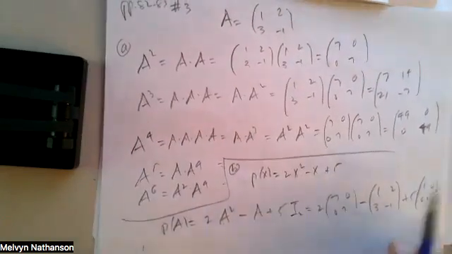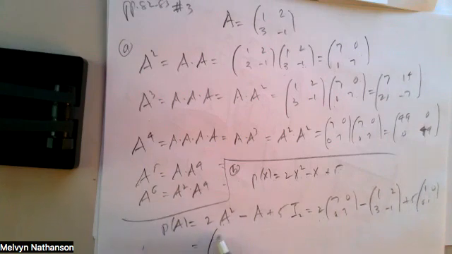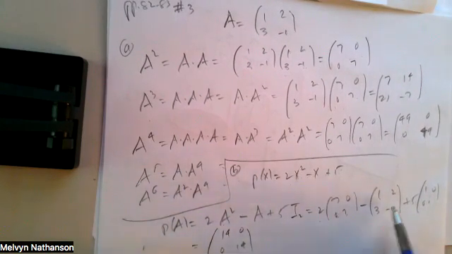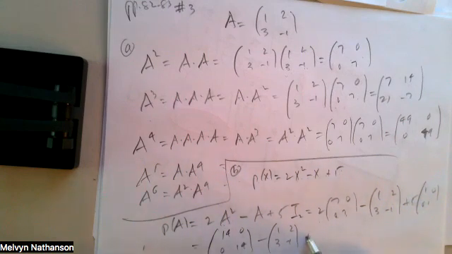And now we just do this calculation. 2 times this is [[14, 0], [0, 14]] minus [[1, 2], [3, -1]] plus 5 times this, [[5, 0], [0, 5]].